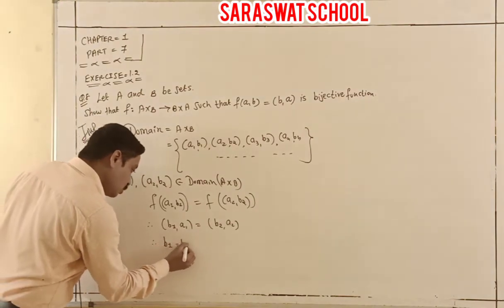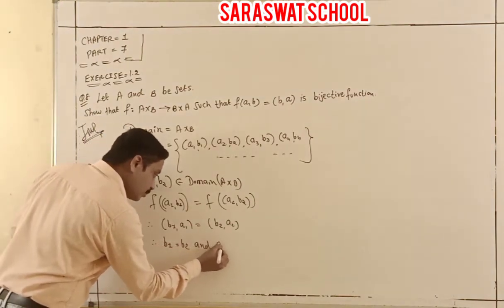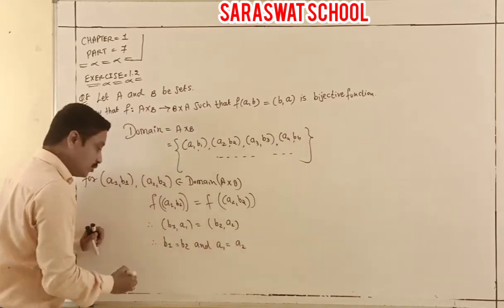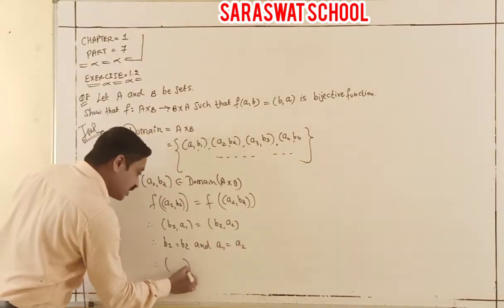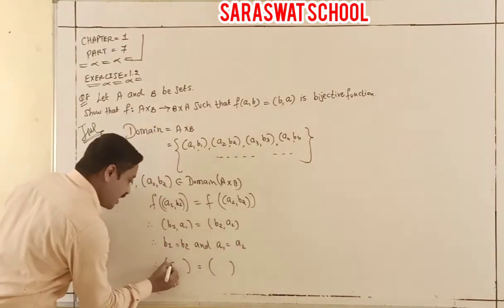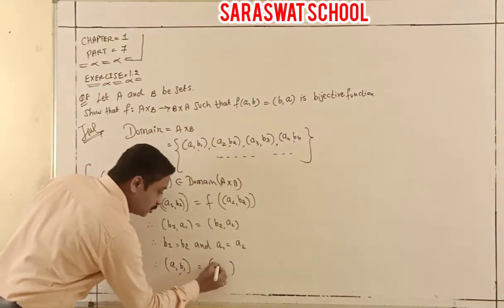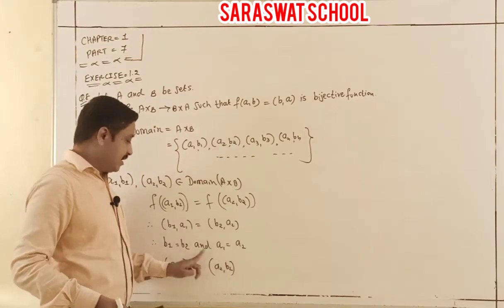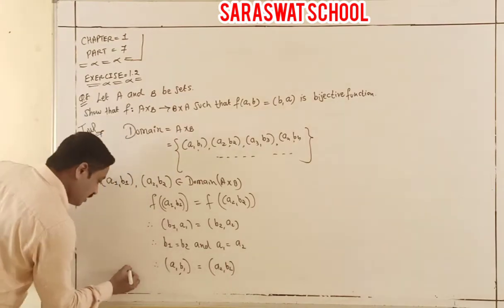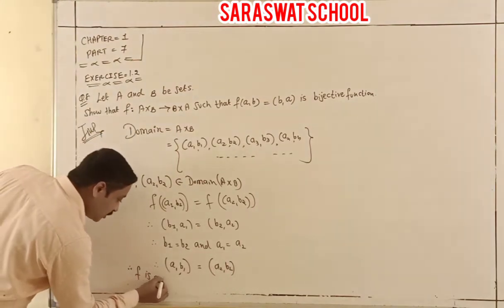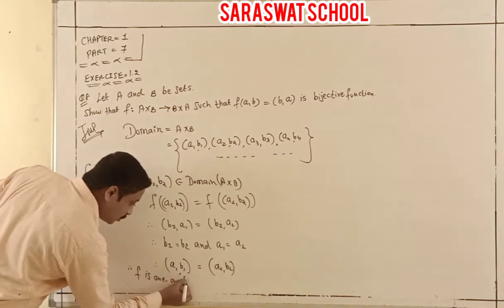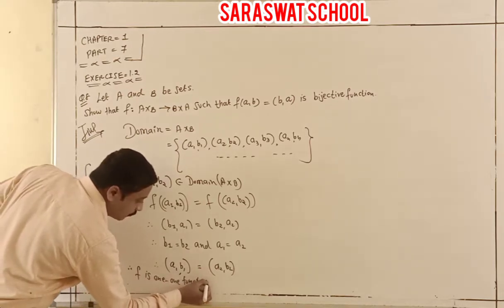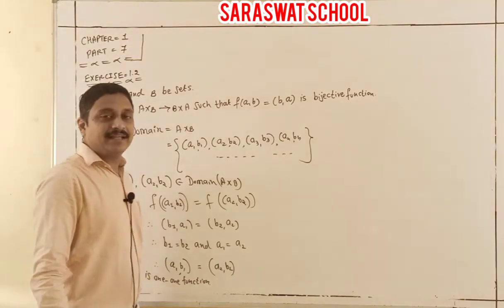B1 is equal to B2 and A1 is equal to A2. So finally you can say here that the two data are equal. Yes, (A1, B1) is equal to (A2, B2) because A1 equals A2 and B1 equals B2, pairwise the same. So definitely f is a one-one function.